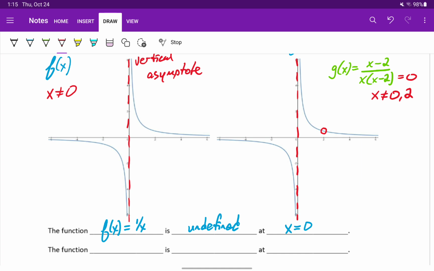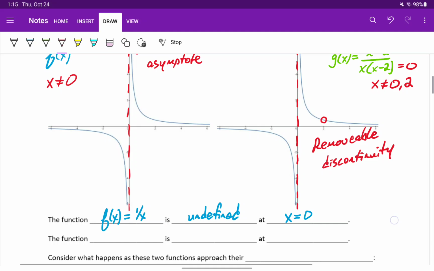Different than the vertical asymptote, which is a line that our function is approaching and curving towards, this hole in the graph is just a single point that we refer to as a removable discontinuity. Since that x value is outside the domain of the function, the curve just skips over that point, but otherwise appears to just keep going.